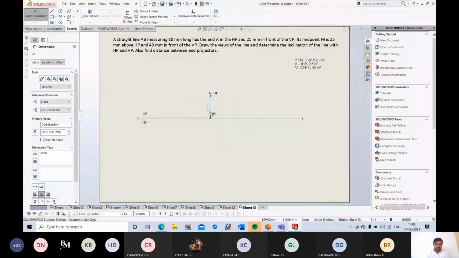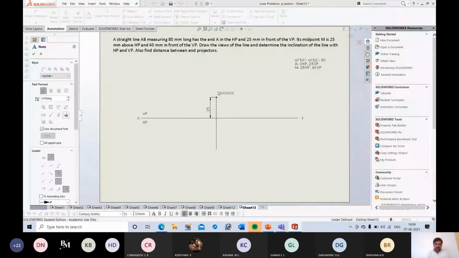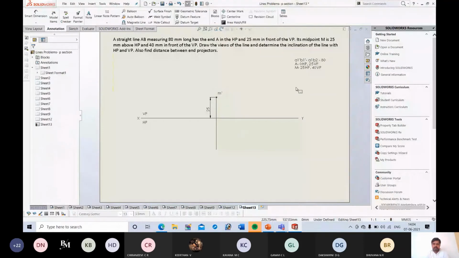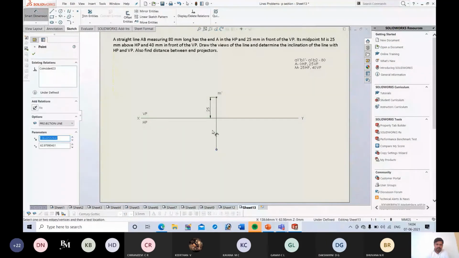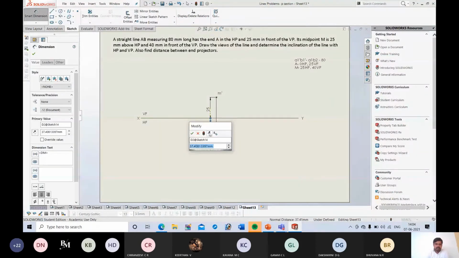Then I will draw a projector. This is the front view of midpoint, M dash. Next, its top view is 40 from VP, so 40 in front. So this distance is 40. Okay, I will name it as M. This is the top view of the midpoint.